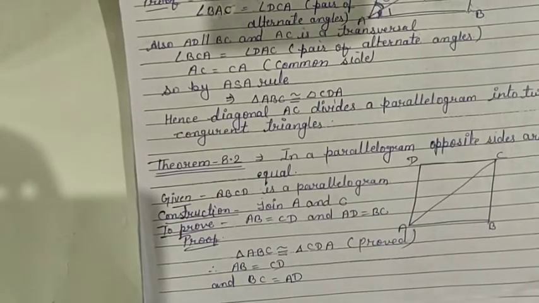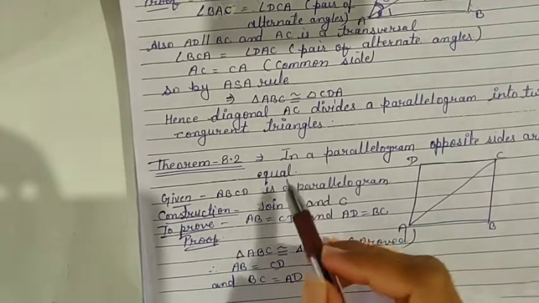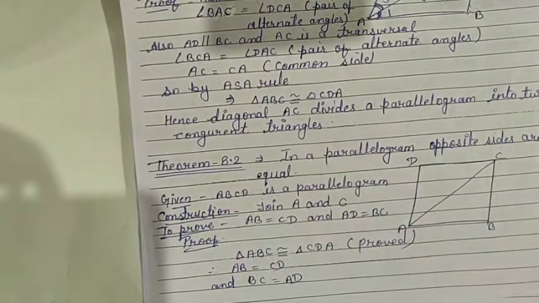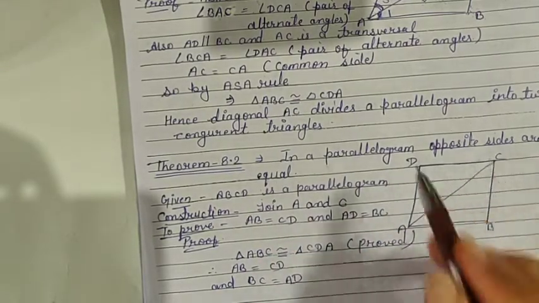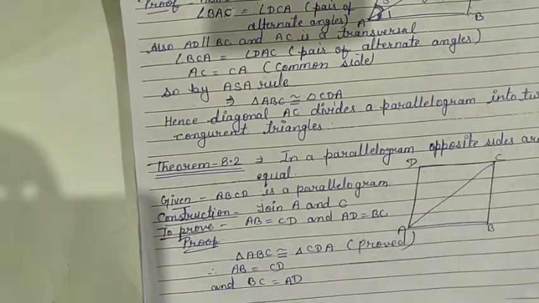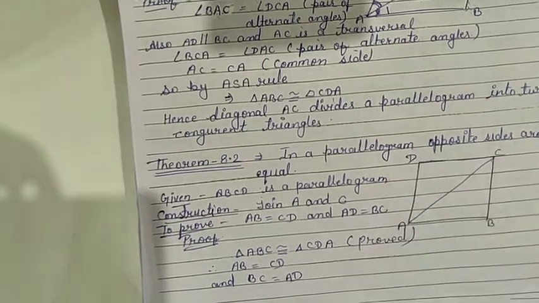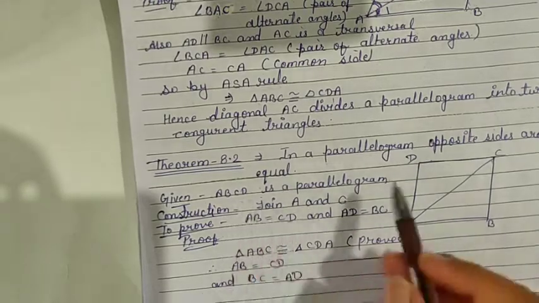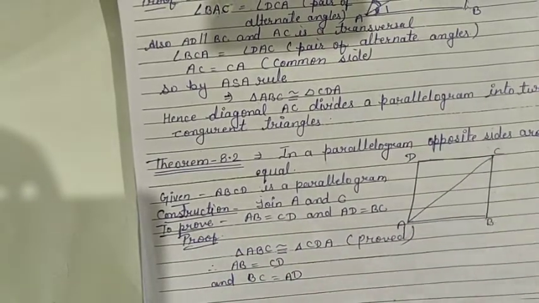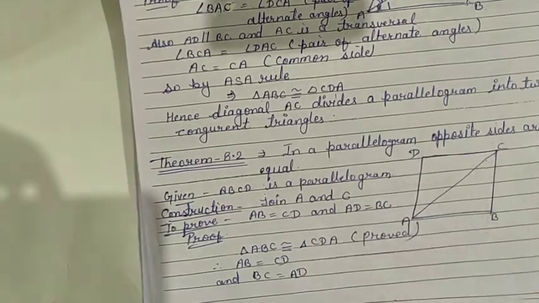Now theorem 8.2: in a parallelogram, opposite sides are equal. This is a parallelogram ABCD and we have to prove that AB equals CD and BC equals AD. Given ABCD is a parallelogram. Construction: join A and C, which is a diagonal of this parallelogram.